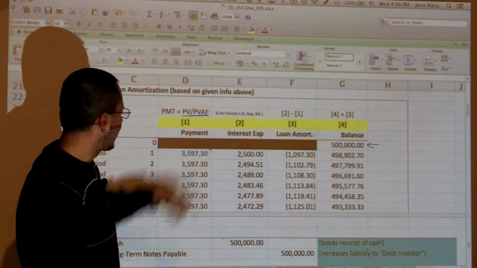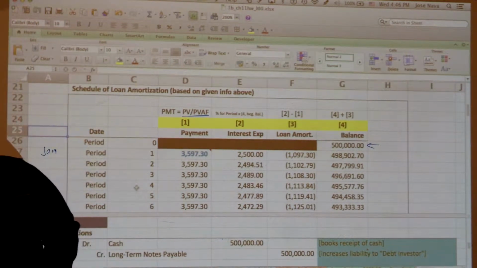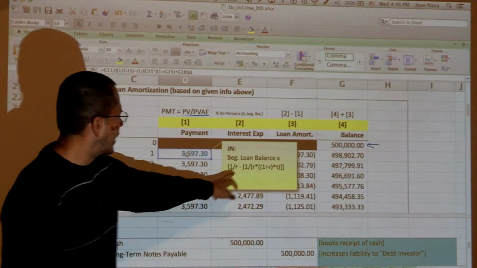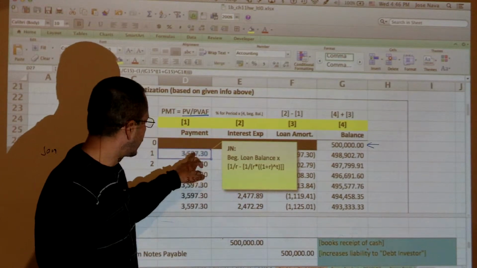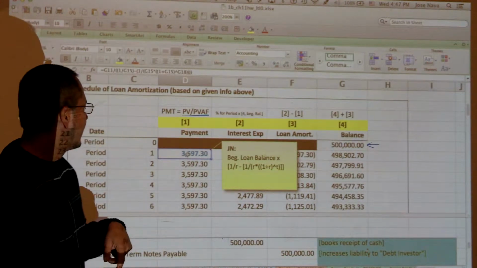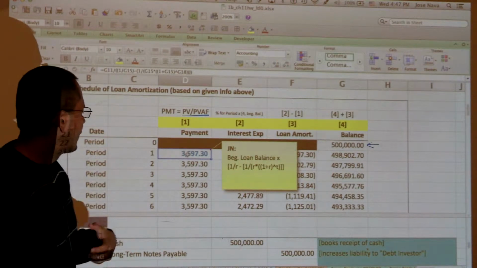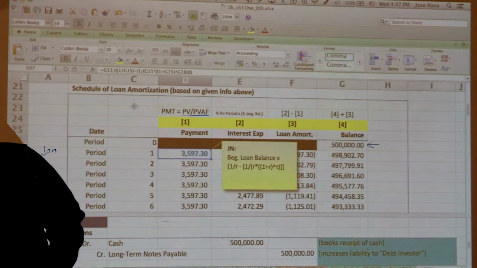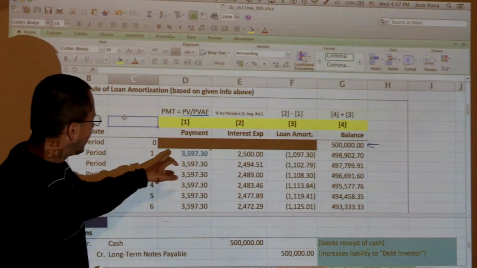You can always study the formula that I have placed in here. You can also use the payment function in Excel to get to the same amount. But it doesn't matter in this case because we're simply given that amount.